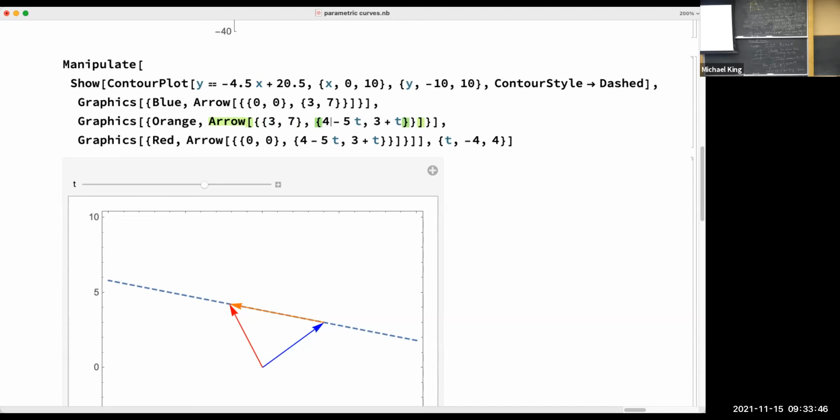And then I want to use the parameterization that we just came up with. The general parameterization, which I didn't write down yet, let me write it down on the board.